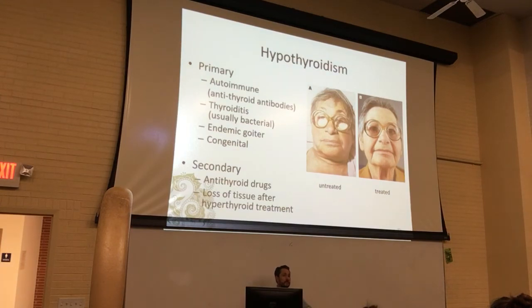And years ago, the Food and Drug Administration in this country recognized the concern about an endemic goiter due to dietary limitations of iodine. And so they decided to fortify a food product that Americans love, salt.